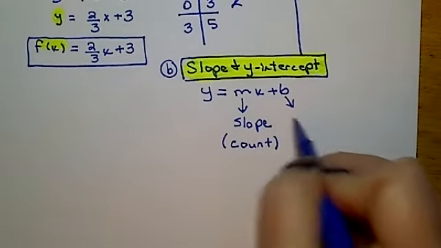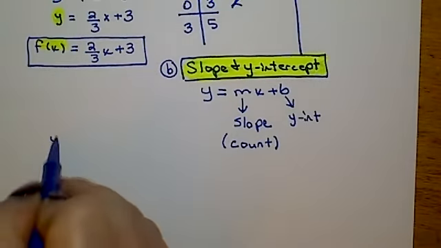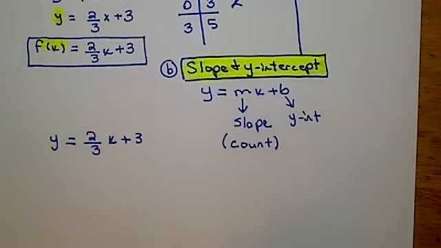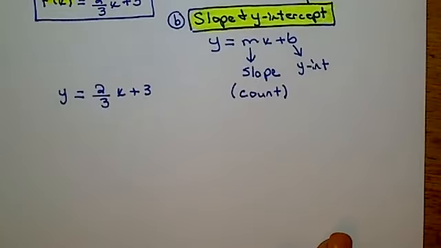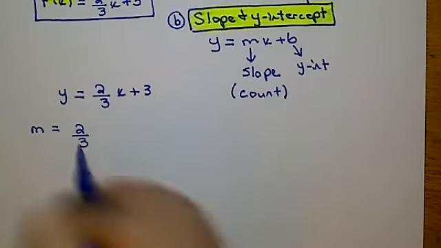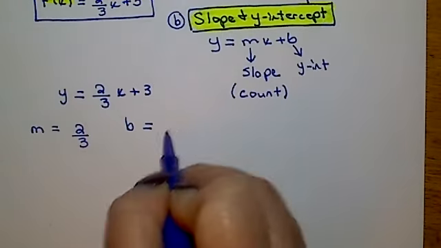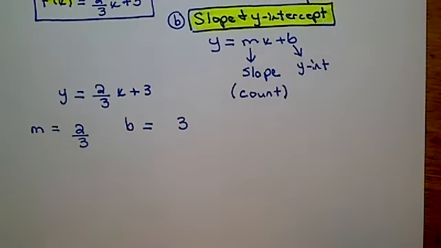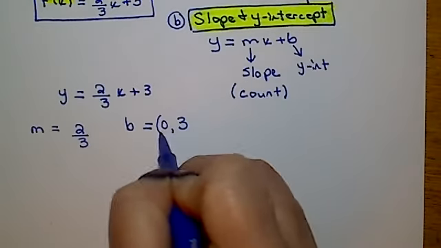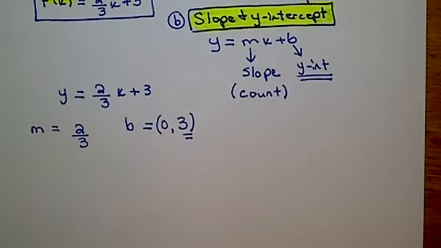The B stands for the y-intercept. So what I'm going to do is take that function and identify the slope and the y-intercept. So the slope would be 2/3. The y-intercept, which is b, is going to be 3. Now that is where it touches the y-axis. So that 3 is going to be in the y spot because that is your y-intercept. That would be your y point.